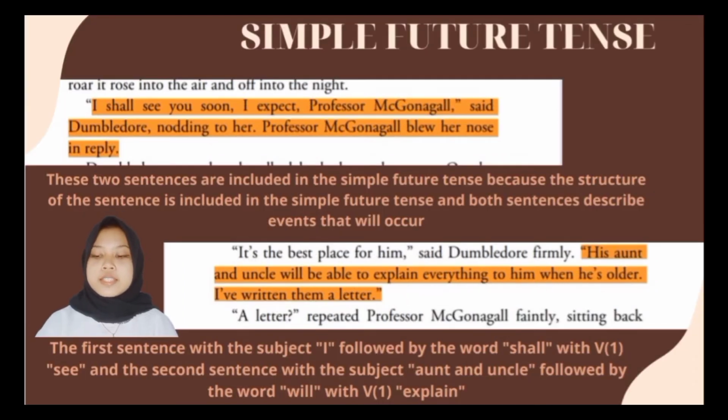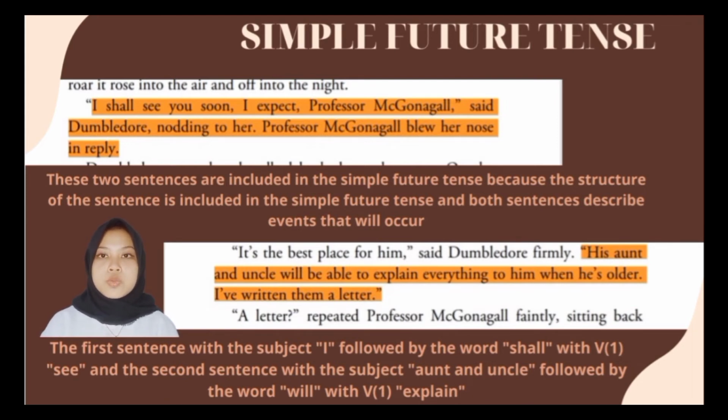And the next is simple future tense. The first sentence is: I shall see you soon. And the second sentence is: His aunt and uncle will be able to explain everything. These two sentences are included in the simple future tense because the structure of the sentences is in the simple future tense, and both sentences describe events that will occur.